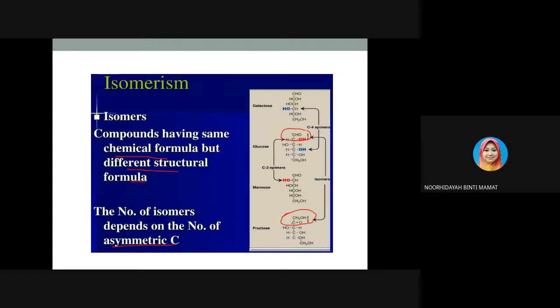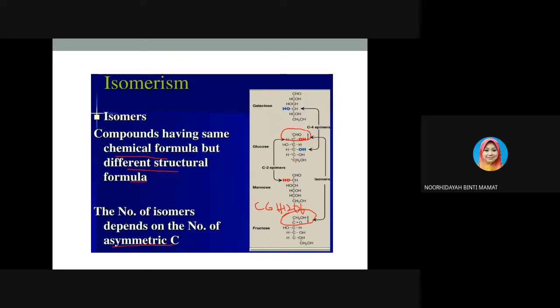So glucose and fructose have the same chemical formula, which, as you can see from here, is C6H12O6: carbon 6, hydrogen 12, and oxygen 6.